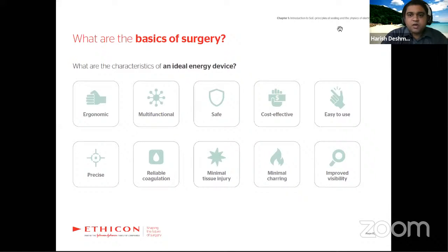Ergonomic, precise, these are all major important things you are looking at. Tissue injuries, again you want reliable safety. Sealing, again you want good sealing. Safety may not be compromised. Good ergonomics, maybe user friendly. No other side effects, no thermal side effects and other things.